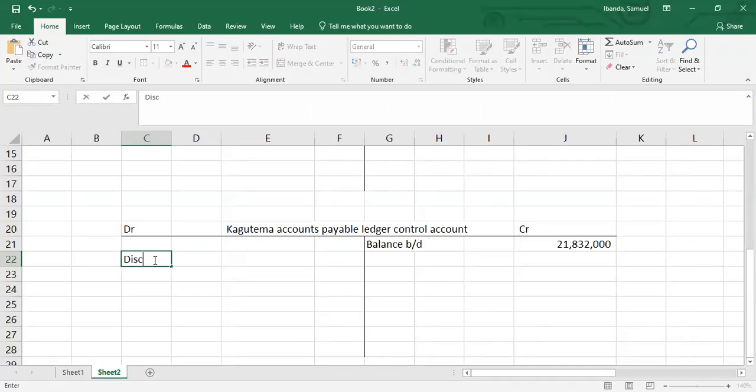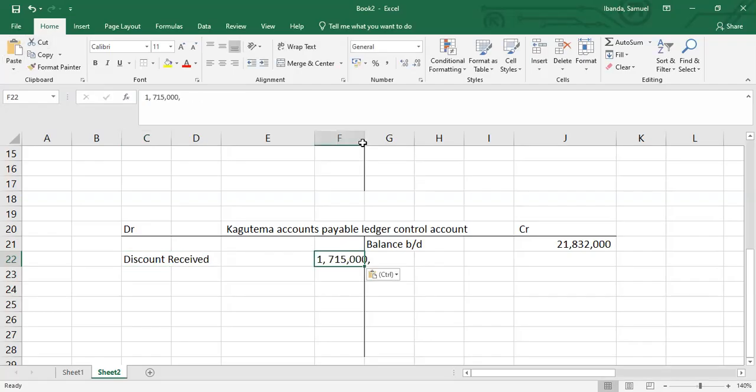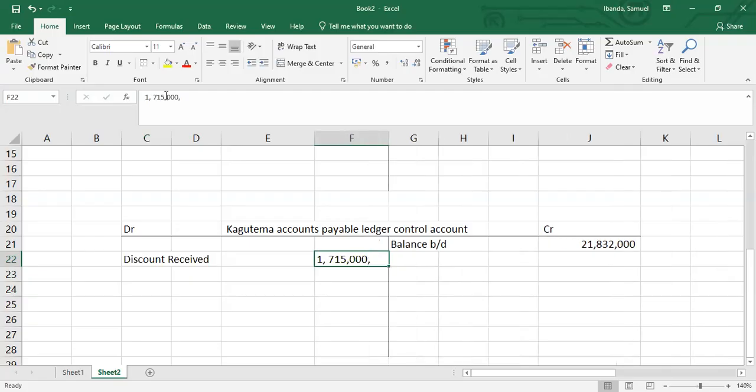So I'll come here and write discount received and write the amount right there. Just remove these commas, so that is the amount that I do have. So that is one first error.